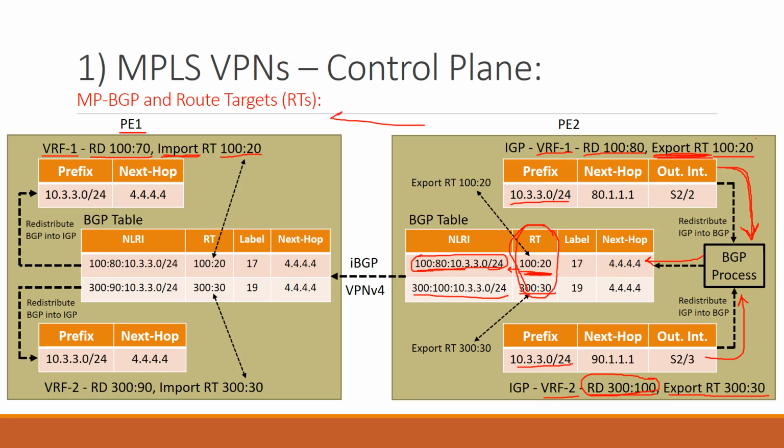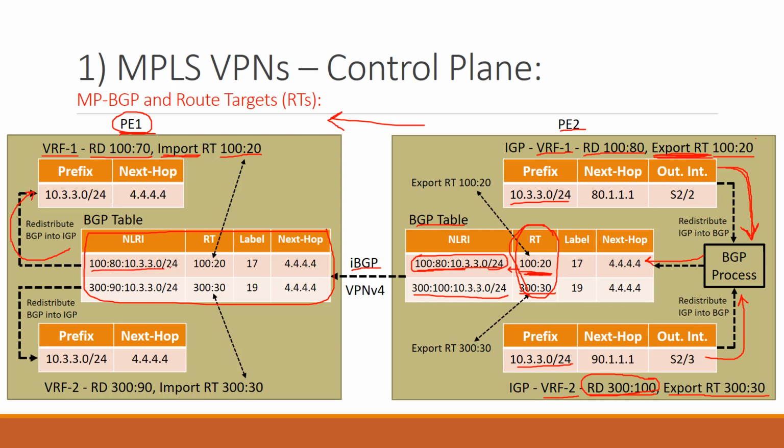This is the direction of advertisement from PE2 to PE1. Now PE2 sends the BGP table via iBGP to PE1. Now PE1 received this table and it will redistribute what is inside BGP into IGP.